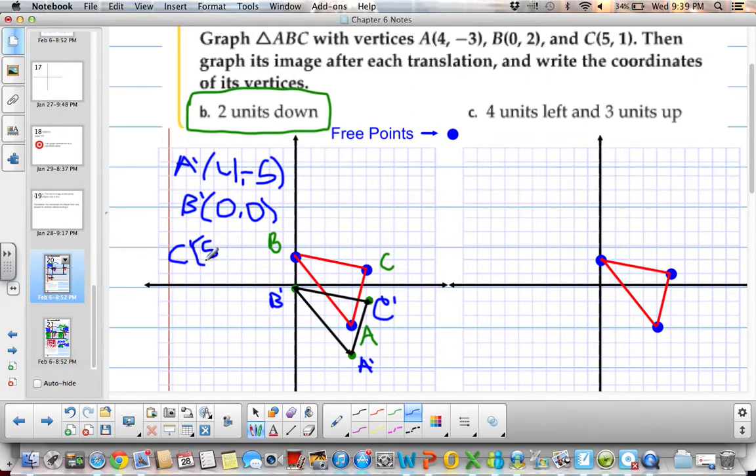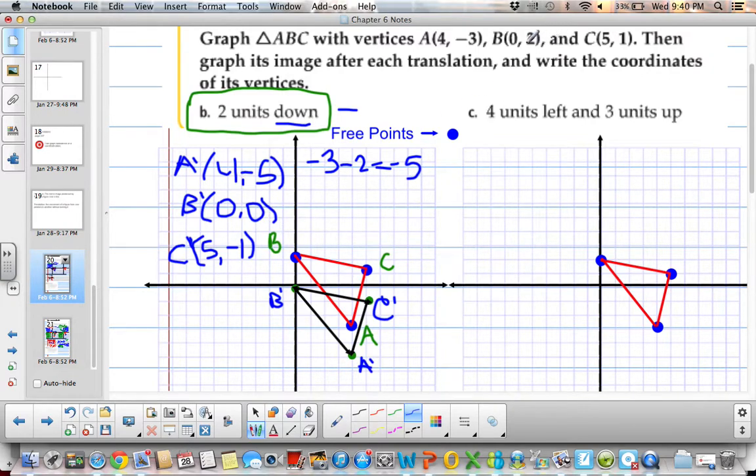So 5, -1. Remember this little symbol right here after it means prime? That means our image. So if we look at A, which is 4, -3, and A prime, which is 4, -5, we can see our x's stay the same, but our y's change. So since we're going 2 units down, means more negative on our coordinate grid. If we look at -3 and we subtract 2, we can see that we get -5.